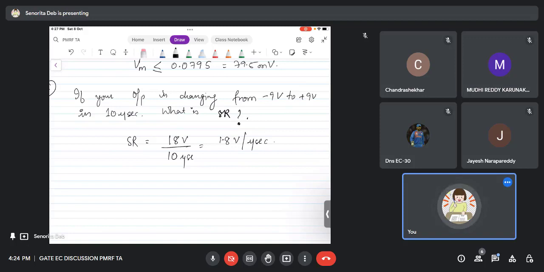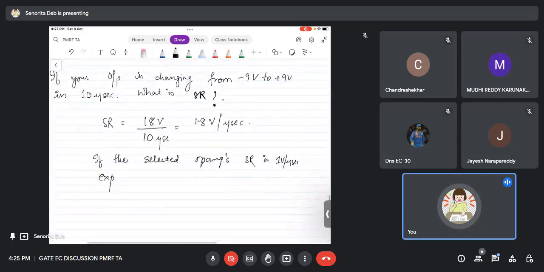Okay, now this is what your output is changing. Suppose you have selected one op amp, and if the selected op amp's slew rate is 1 volt per microsecond, then it will experience distortion.